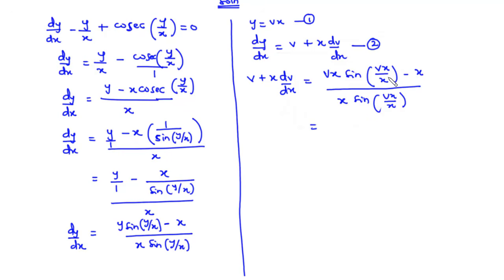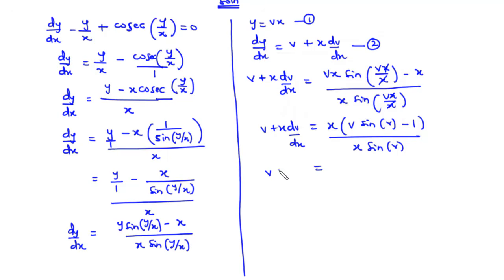So x cancels out x, x also cancels out x. At the numerator, we can factor out x because it's common to both terms. So we have x outside, v sine v minus 1, all divided by x sine v, and that is equal to v plus x dv dx.